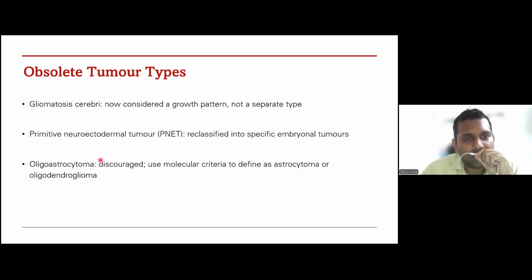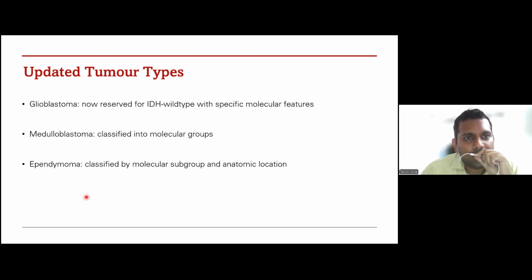Earlier, there was a diagnosis like oligoastrocytoma, and that is now discouraged, and it is advised to use the molecular criteria to define it as either astrocytoma or oligodendroglioma. As for the updated tumor type, glioblastoma is reserved only for IDH wild type, and if it is mutant, it is astrocytoma grade 4.